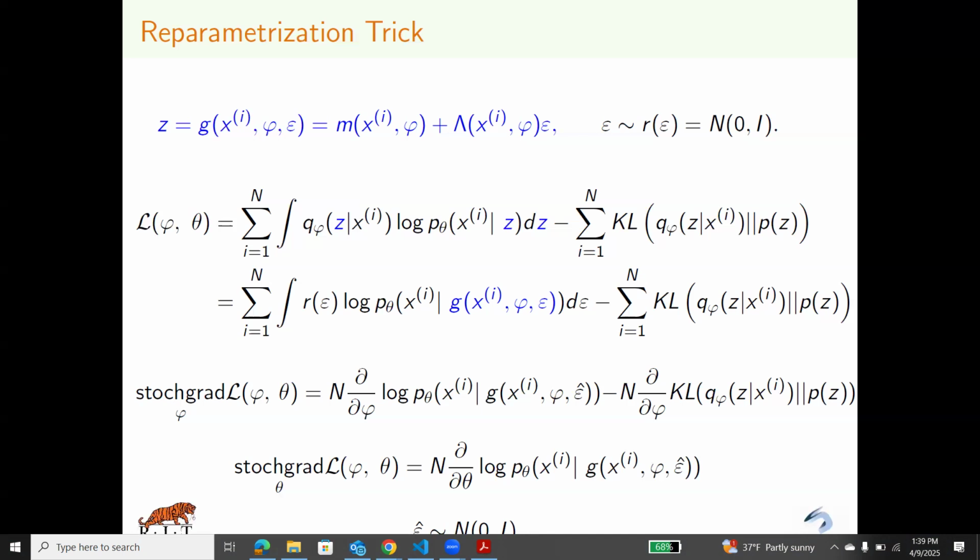But in our PyTorch code, we can't just sample a random number and take the derivative with respect to this number.